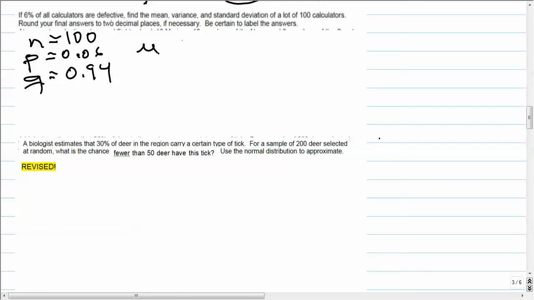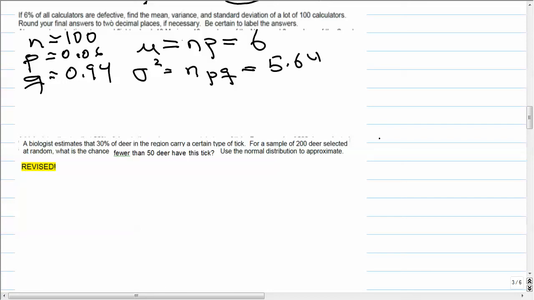So the mean is the sample size times P, which comes out to be 6. The variance is NPQ, which comes out to be 5.64. And you take the standard deviation by taking the square root of this, right? And so you get 2.375 or something in that neighborhood. All right, moving on.